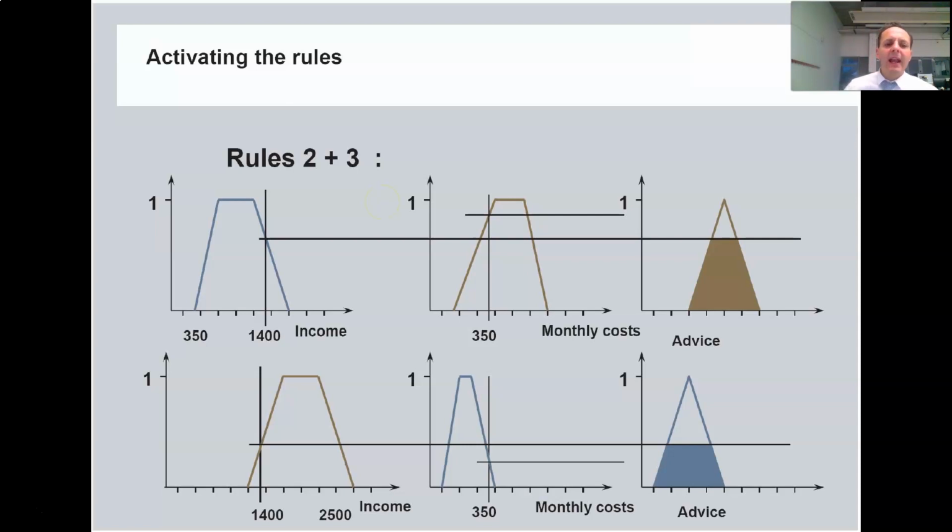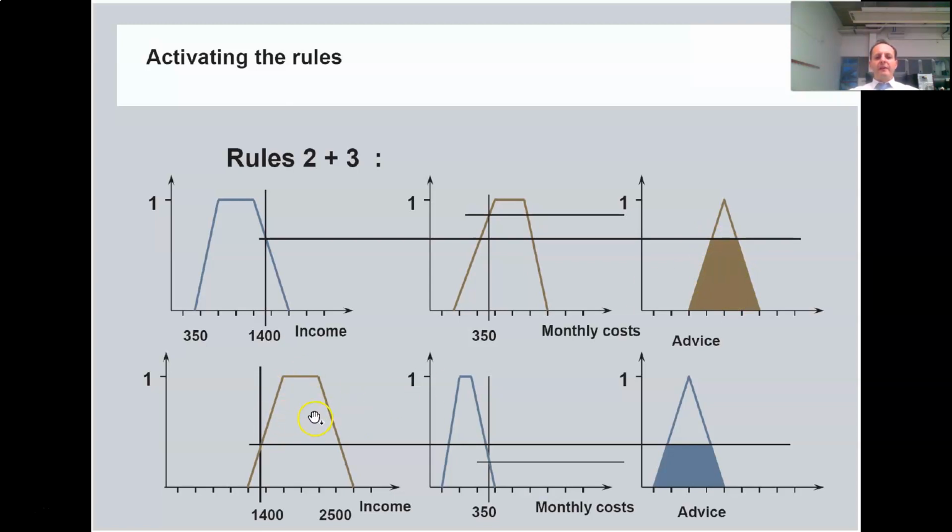So we have the income as represented by this membership function, which is fired as represented by this line, and we have the monthly cost, which is small, so it's firing with this value, and according to the connector AND, which can in this case be implemented by the minimum, a t-norm, you have an advice which is represented by this membership function.